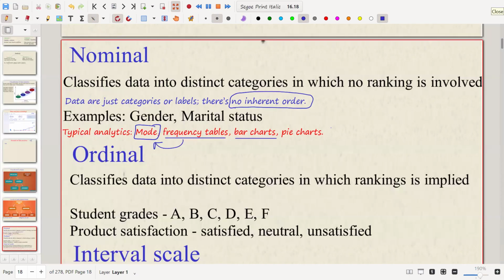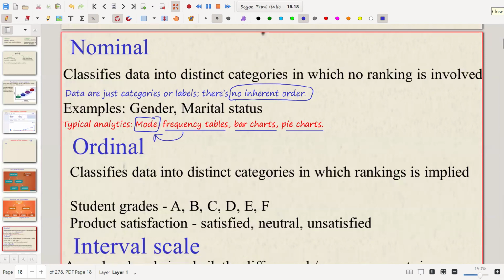For nominal data, you can do mode. You can visualize them using bar plots also. You can do pie charts. This is one of the most important things. Pie charts you can easily use to visualize categorical variables. Line charts, bar charts, scatter plots you can do for numerical variables. But keep in mind very clearly that the pie chart is very famous for categorical variables.